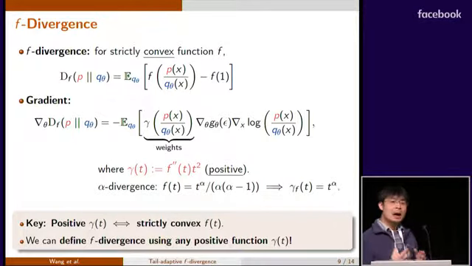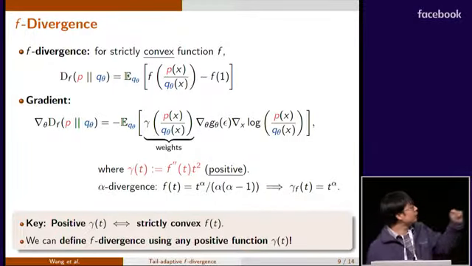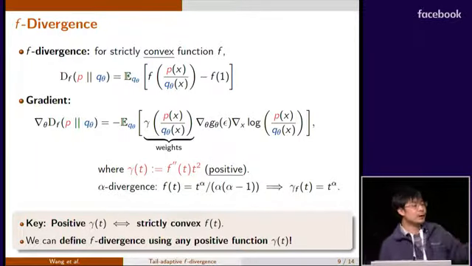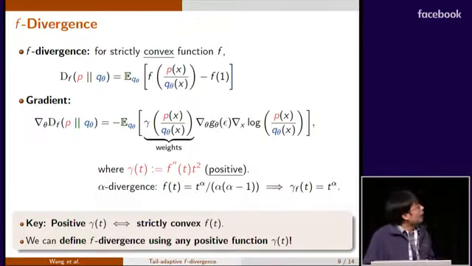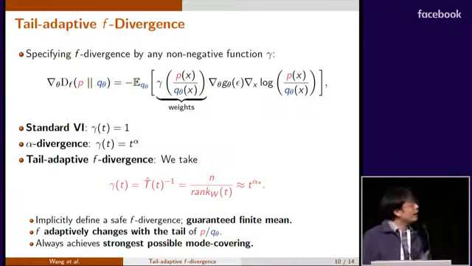Because our goal is minimizing the f divergence, we only need to calculate the gradient. We don't actually need to go back and calculate the f divergence, so it makes sense to just define whatever good gamma you think is proper for your optimization purpose. So this reduces to our main algorithm.